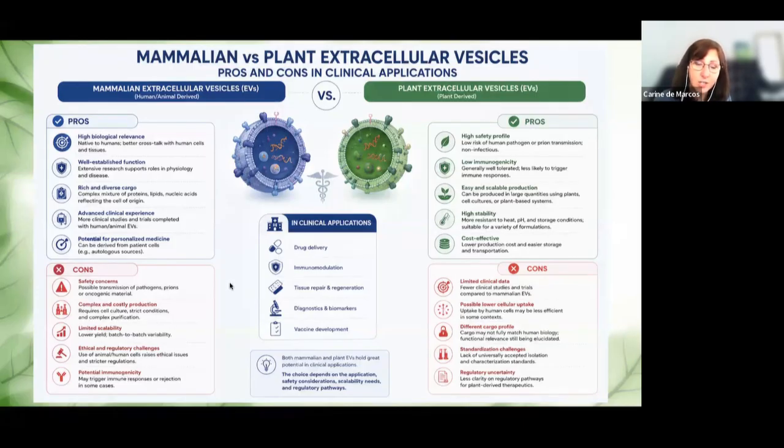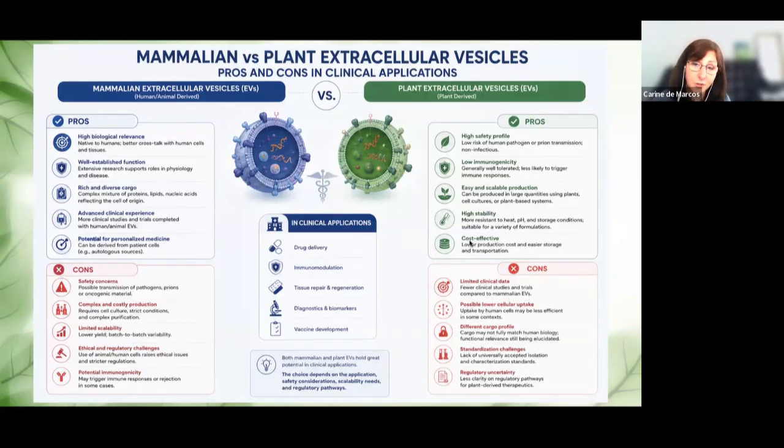And these are challenges that we don't necessarily find in plants if you use plant EVs, because you are exposed to plant EVs all the time when you eat food. And so they are known to have less immunogenicity. As I told you, they are easily scalable because of the plant farms.